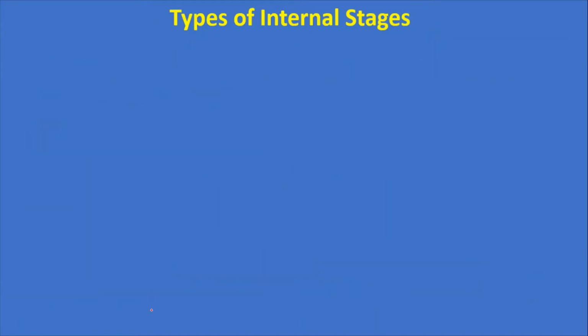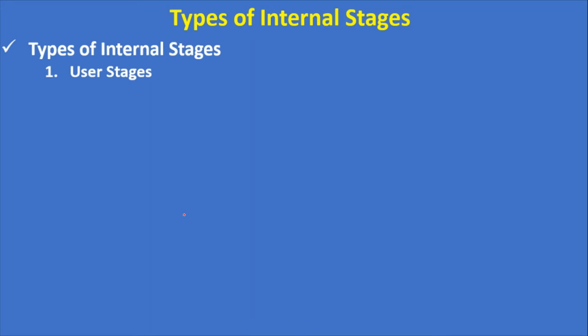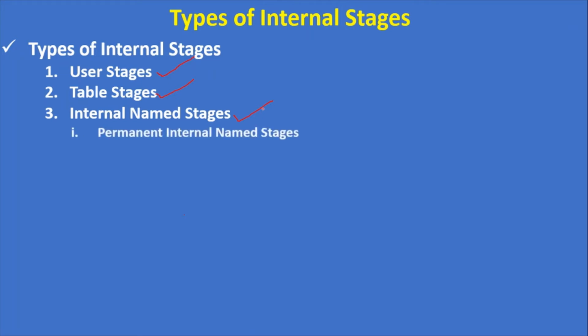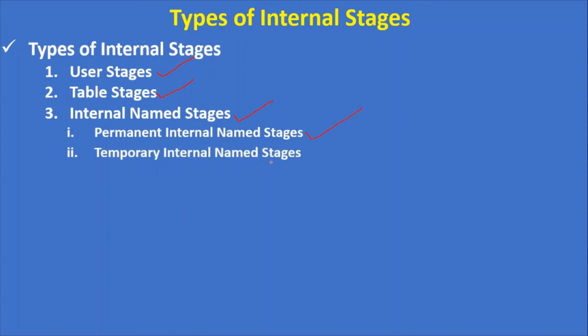Now, types of internal stage. For internal stages we have three types. The first one is the user stage, the second one is the table stage, and the third one is the internal named stages. From the internal named stages we can create permanent internal named stages or temporary internal named stages.